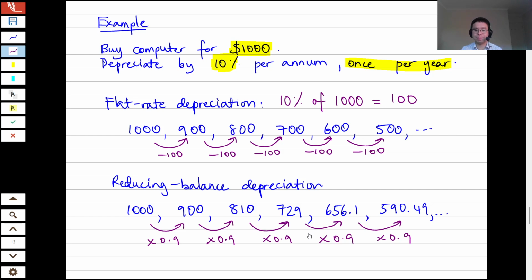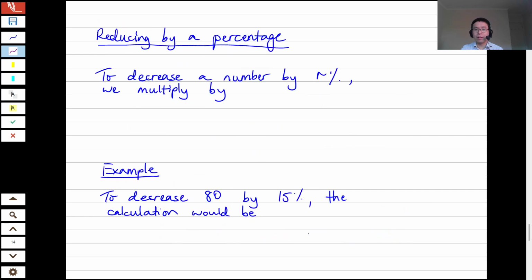So let me quickly recap percentages again. So again, you wrote this down in Thursday's class before we went off for school photos. But if you've forgotten, to decrease a number by r%, what we want to do is multiply by the factor 1 minus r divided by 100.